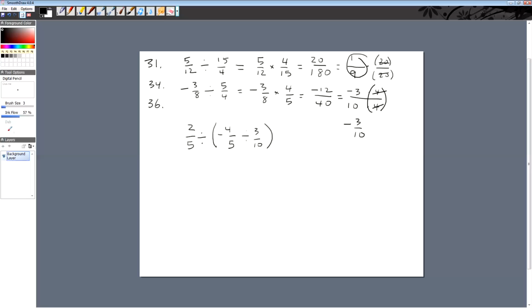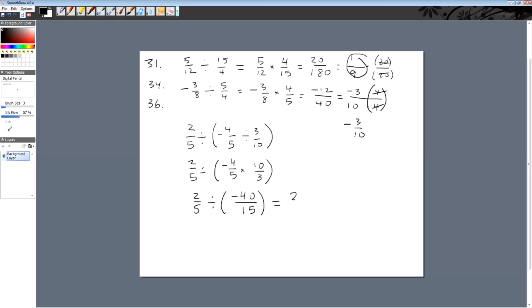So first we do the parentheses, so -4/5 times 10/3 gives us, and again we have 2/5 divided by this. So -4 times 10 is -40. 5 times 3 is 15. So now we have 2/5 divided by this.